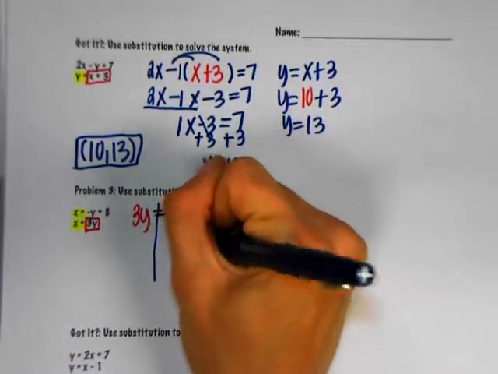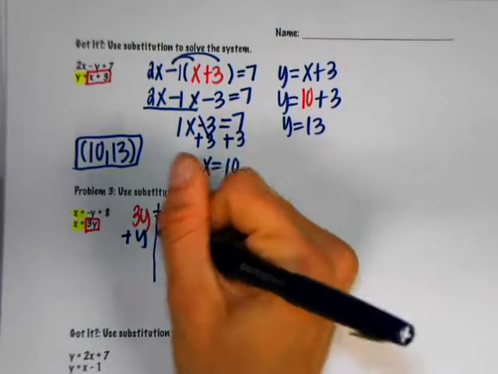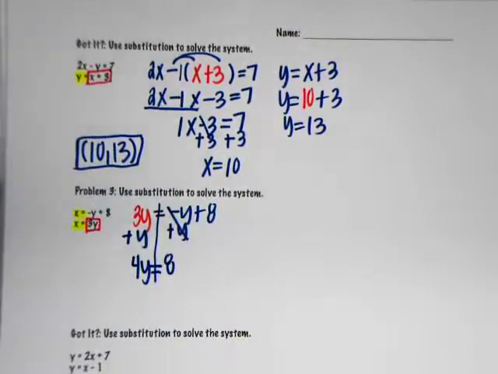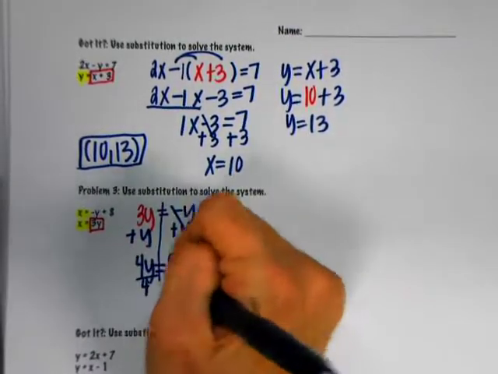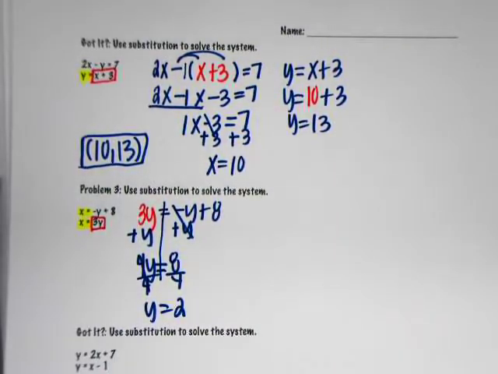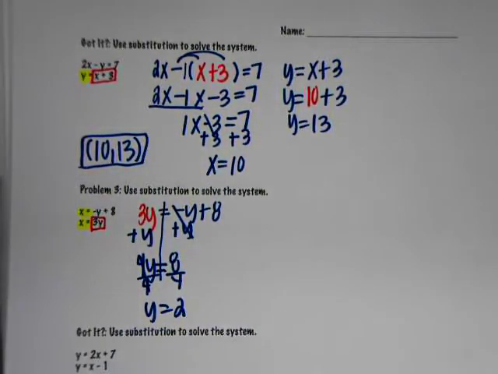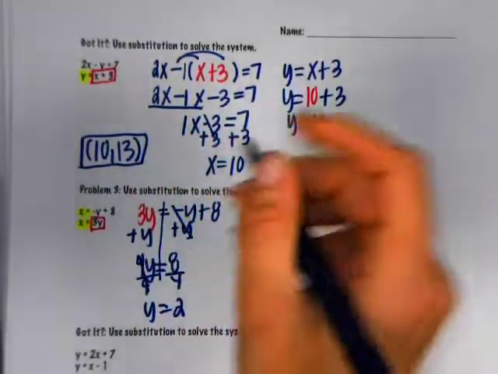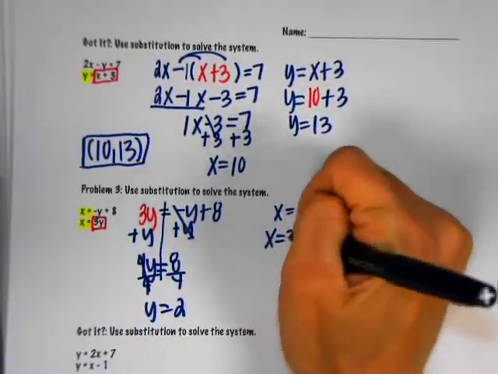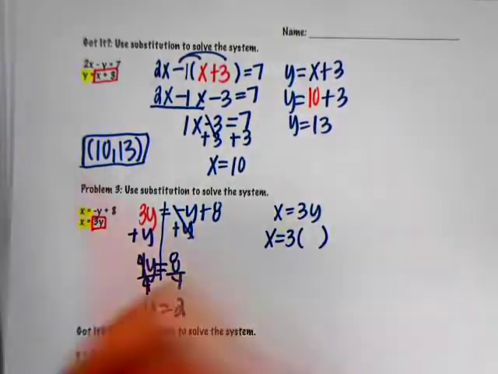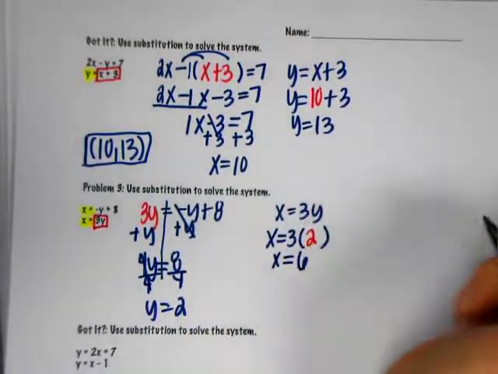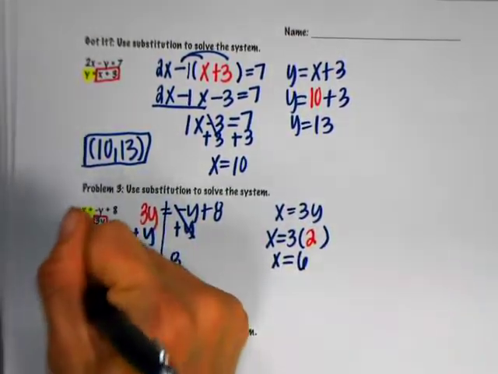So I'm going to add the y over. 3y plus 1y is 4y. And then divide. So y equals 2. And then plug it into either one. I'm going to use the bottom one. x equals 3y. x equals 3 times y, which is now 2. So x equals 6. So your solution is x, y, 6, 2.